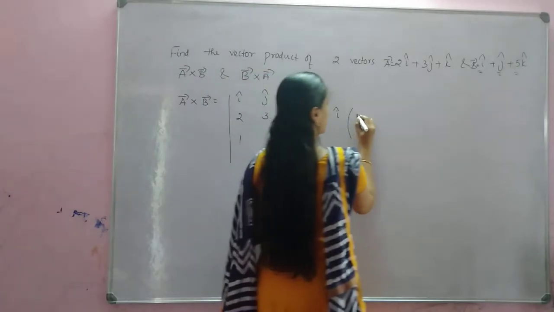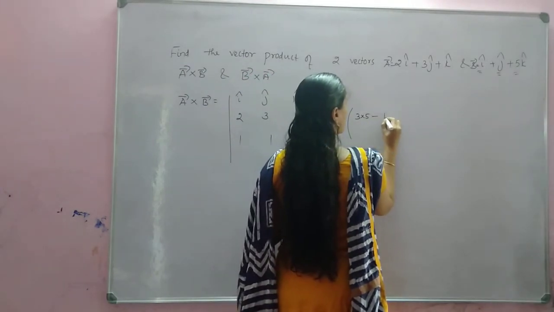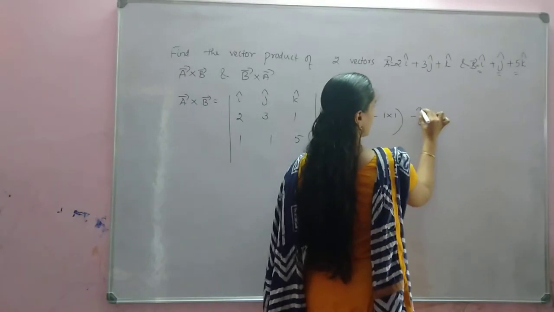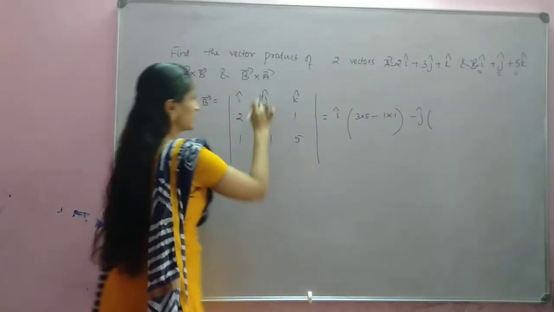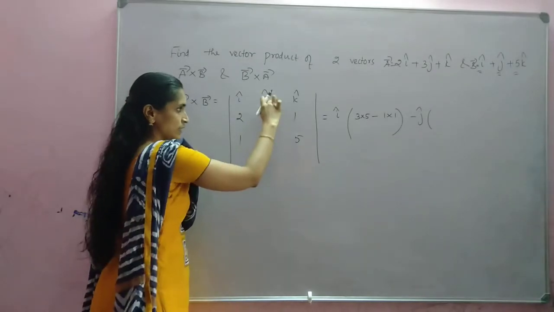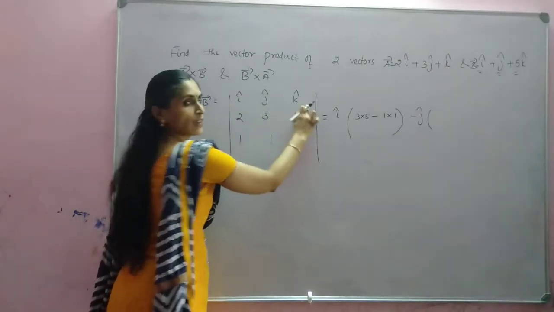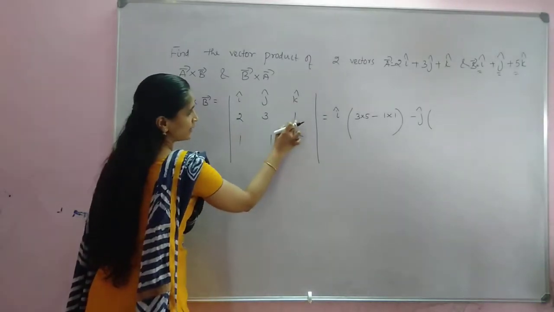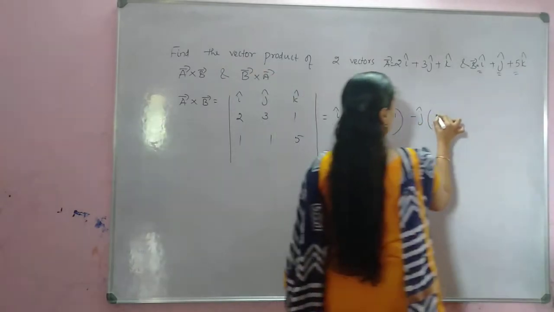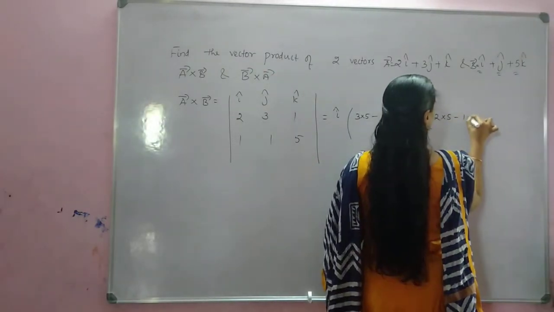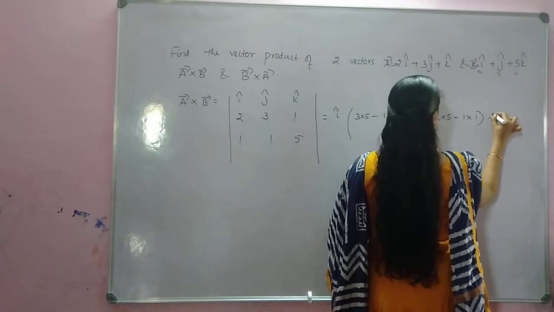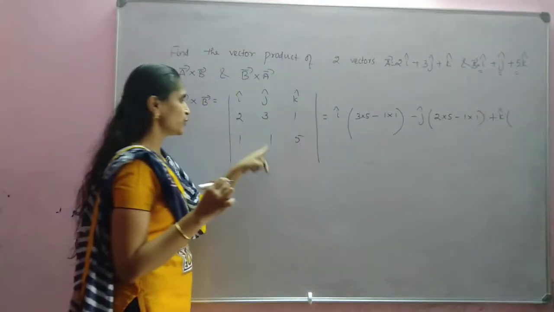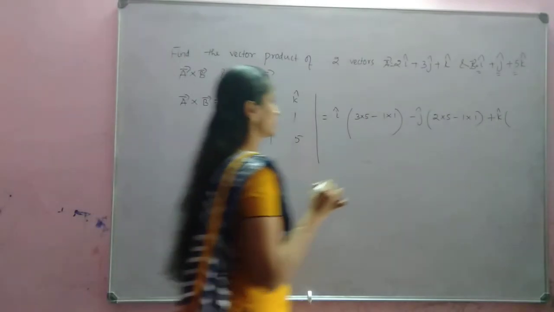The next term is negative: minus j into 2 into 5 minus 1 into 1. Next, plus k into 2 into 1 minus 1 into 2.